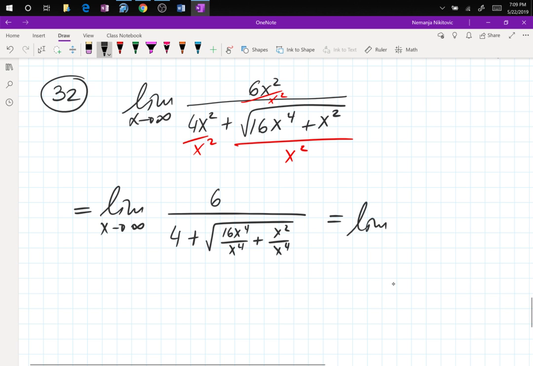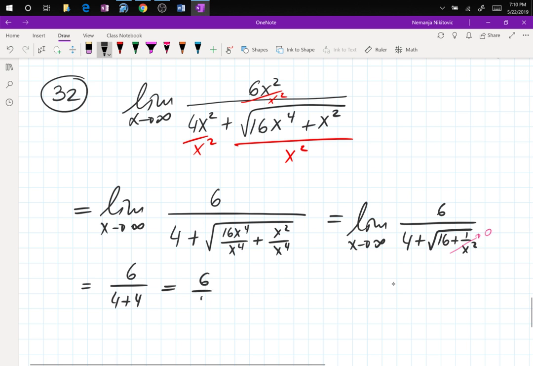And now when you simplify those, we get 6 over 4 plus the square root of 16 plus 1 over x squared. Now in the limit, 1 over x squared will go to 0. The square root of 16 is 4, so this is 6 over 8, which is 3/4.